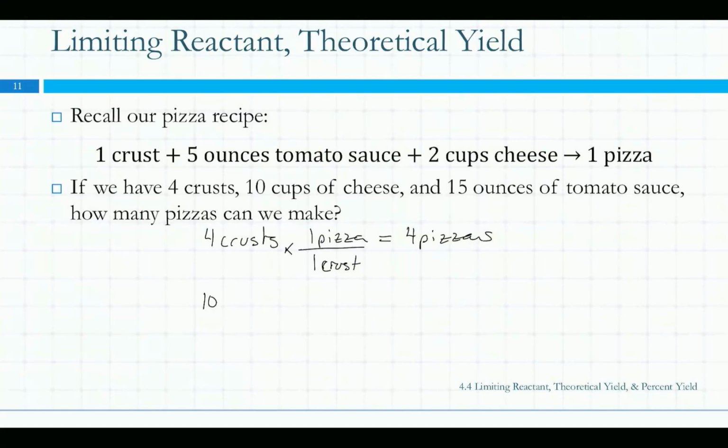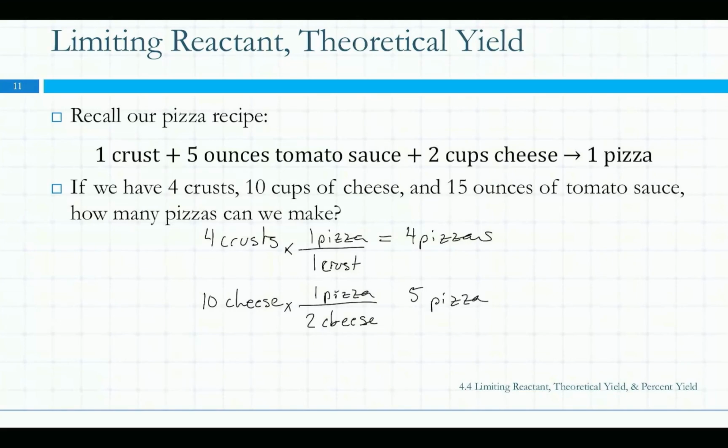So that's one of those assumptions. Oh, I got 4 crusts. This is if you went into your pantry or your refrigerator and you're like, oh, there are 4 pizza crusts, I can make 4 pizzas, before you check to see if you even have the tomato sauce or cheese. You're making an assumption that those things exist in high enough quantities. So if we've got 10 cups of cheese, and we need 2 cups of cheese for 1 pizza, that means I can make 5 pizzas.